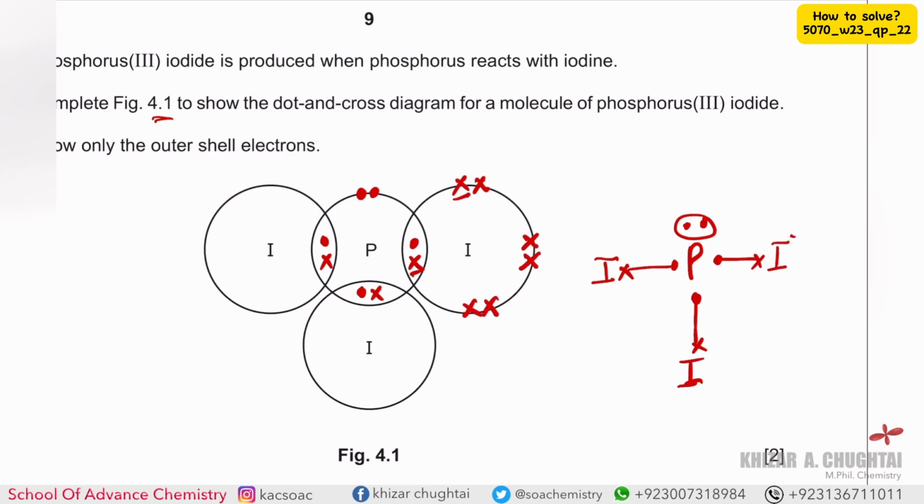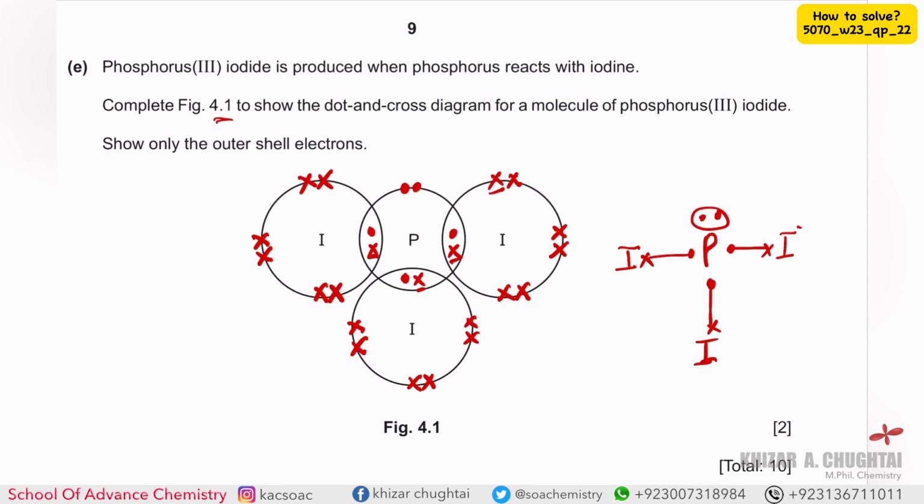Same is the case with the other ones, 1, 2, 3, 4, 5, 6, 7. So this is the appropriate structure. First of all, you should draw the structure like that. That is called Lewis structure. Then see where are the bonds, simple bond, and where is the lone pair. So after that, you can change the structure into this one.